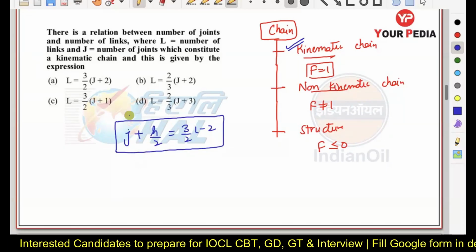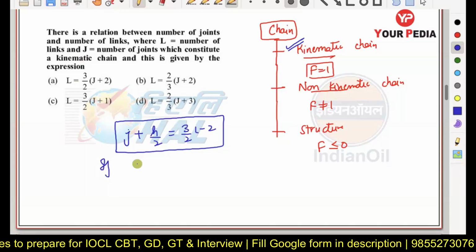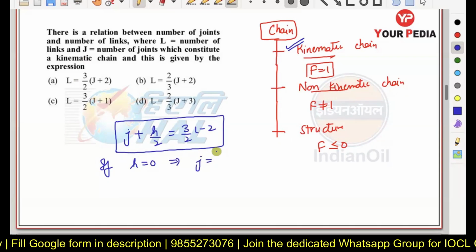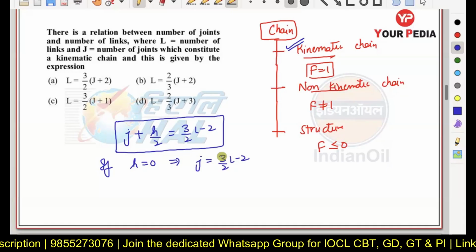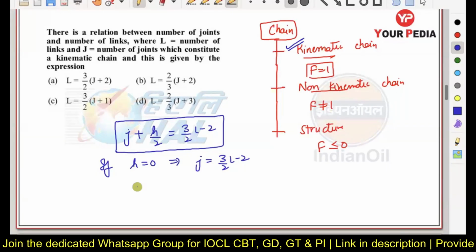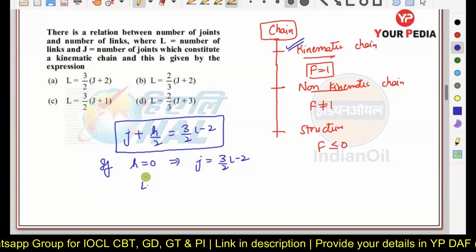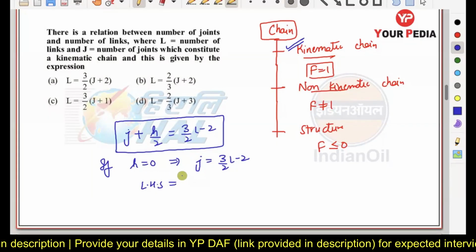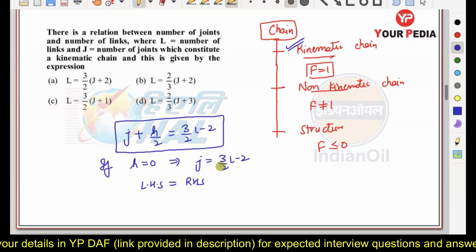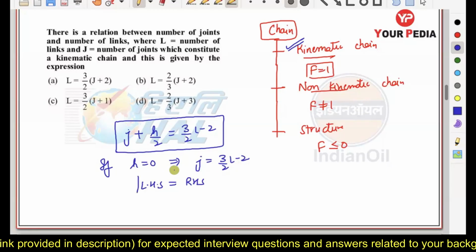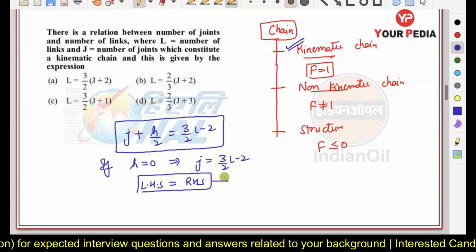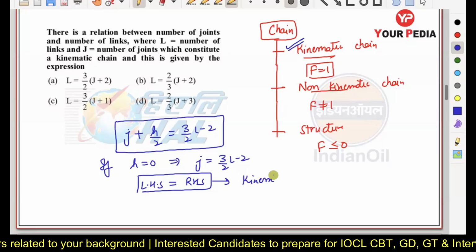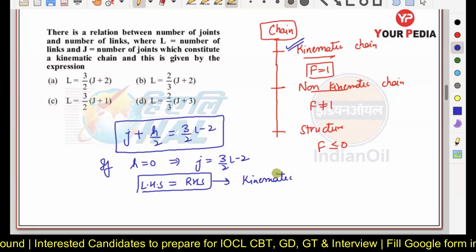If I assume there is no higher pair, I can say J will become equal to 3 by 2 L minus 2. So if the left hand side value of J is equal to the right hand side value of 3 by 2 L minus 2, we say that our chain is going to be a kinematic chain. We have to satisfy the left hand side with the right hand side here.